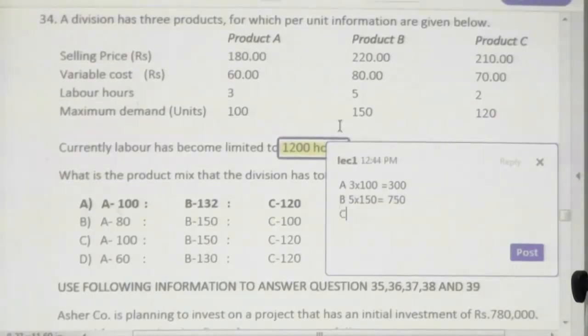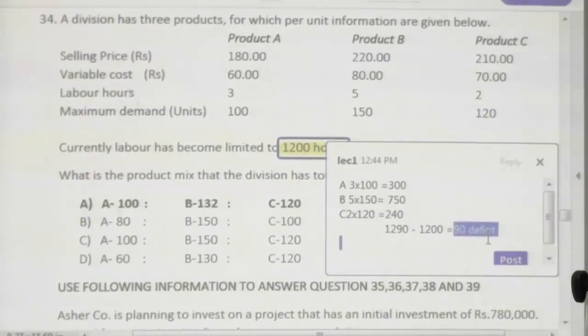Then for C you require 2 into 120, that is 240 hours. Altogether you require how much? You require 1290 hours. But you can see you have only 1200 hours. Therefore you are facing a lack of labor hours, 90. This is the labor hour deficit.